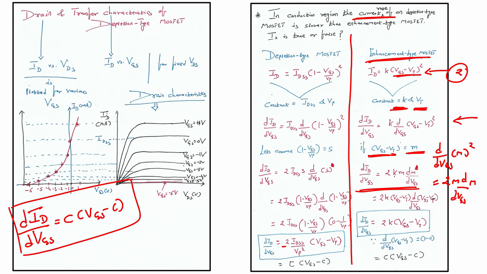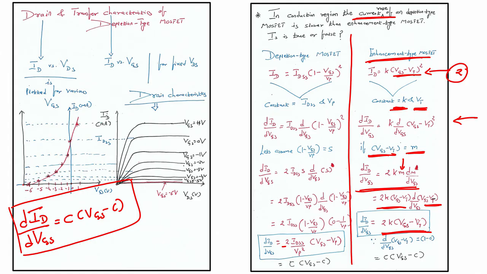K is there, so we have substituted K also. Now, once I have this, I will again substitute the value of M. When I substitute M, which is VGS minus VT, I will have 2K into (VGS minus VT) times d by dVGS of (VGS minus VT). Now, d by dVGS of (VGS minus VT) is nothing but 1 minus 0, because VGS gives 1 and VT is constant, so its derivative is 0.